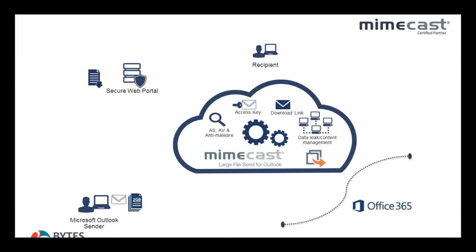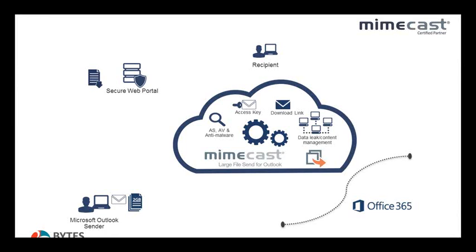What would happen is that the user would attach a file to an email as per their normal process in Outlook. The Mimecast Services for Outlook would intercept that attachment or that action if the message triggered a policy, and then change that to a large file send invitation.